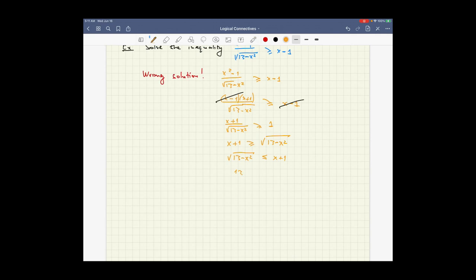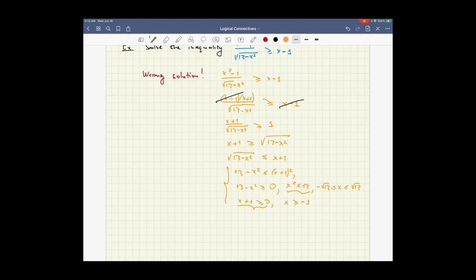I would raise both sides of the inequality to the second power, ensuring of course that both of them exist and are non-negative. So this gives me x greater or equal than negative 1. This gives me x squared less or equal than 13, which means x is between negative root 13 and root 13.